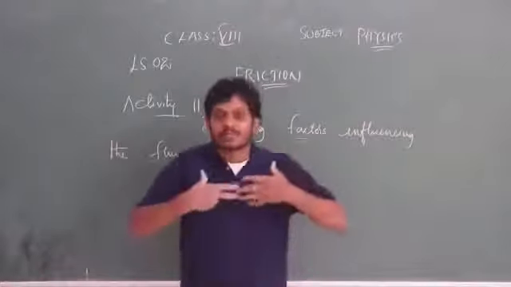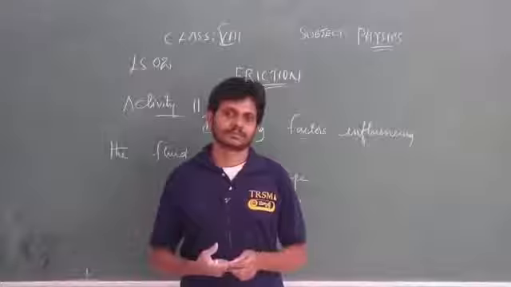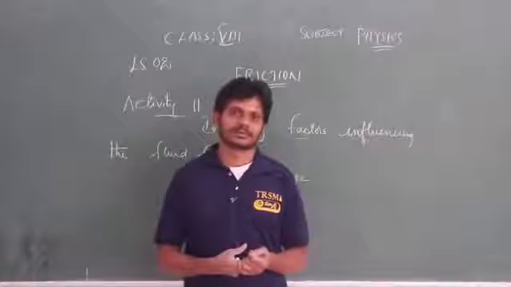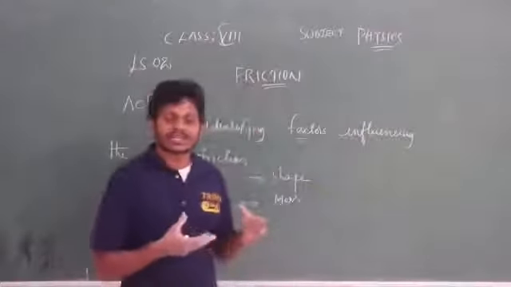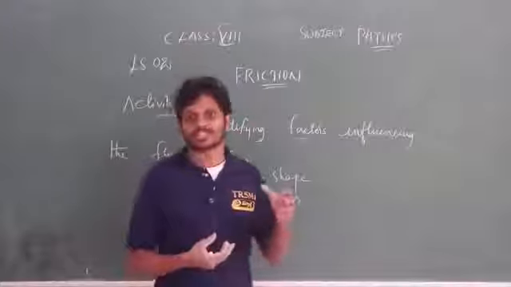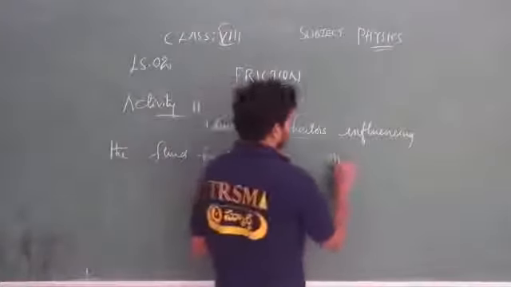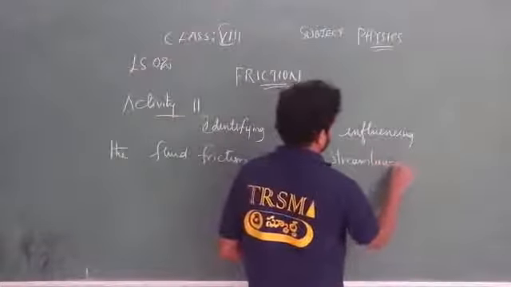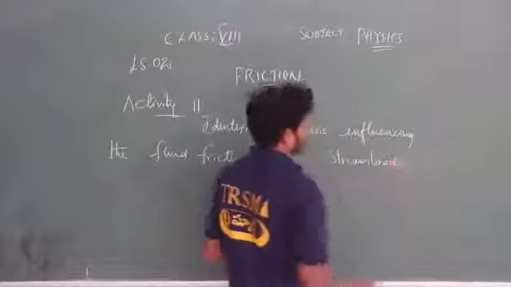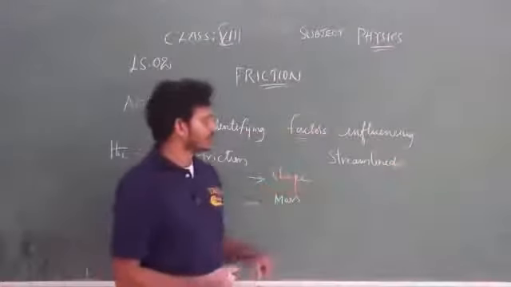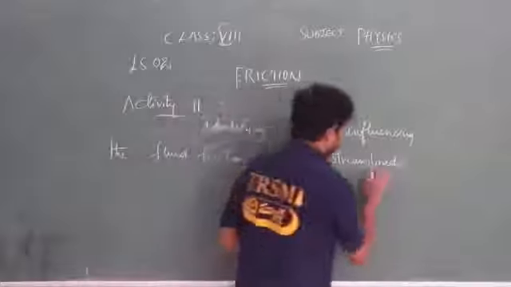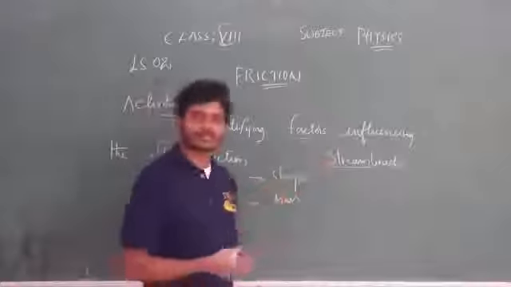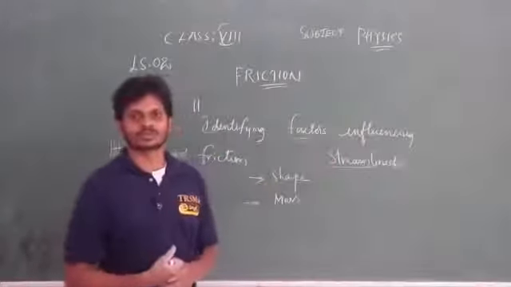And also their body structure is very important. They have a streamlined shape, S-T-R-E-A-M, streamlined shape. Because of this particular shape, they can fly easily, and also because of the presence of lightweight bones.